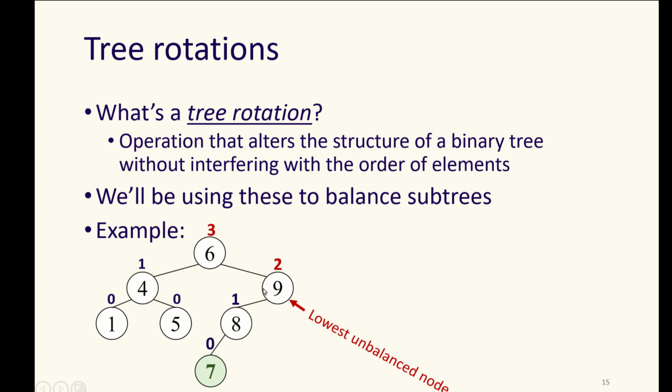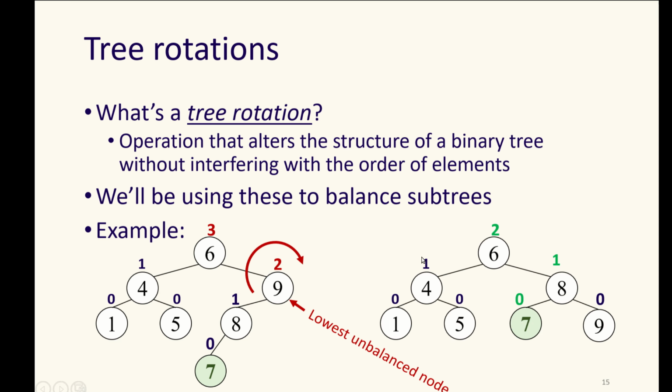But this one, the 9, got changed to a balance factor of 2, and that's not an acceptable level. So we look at that lowest unbalanced node, and we shift things around a bit. And once we do that, we get back to perfect balance, and we get back to the best height that we can get for the root here of 2, because we want this well-branched tree and its log n height.